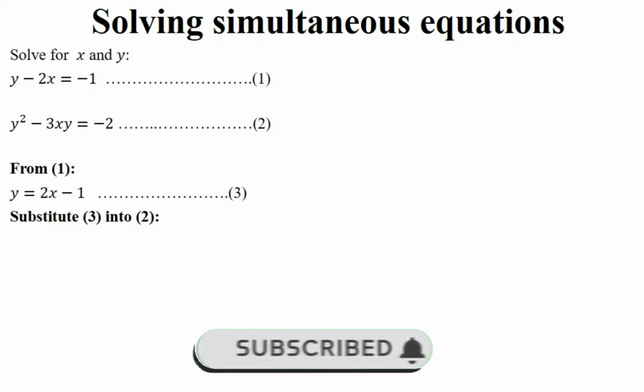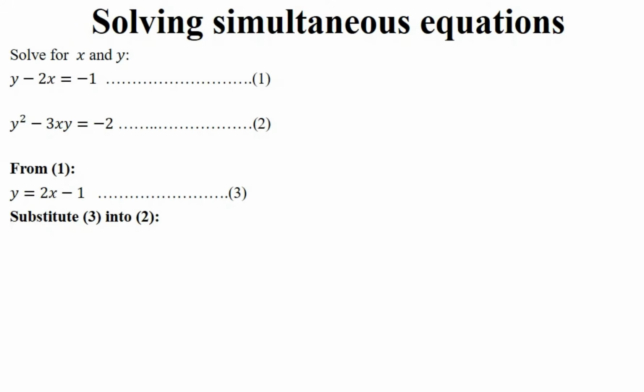Right, after having my equation 3, what am I going to do with it? I will substitute equation 3 into equation 2. How do I do that? When you look at equation 2, there are variables x and y. But from our equation 1, we made y the subject of the formula, so y is equal to 2x minus 1.